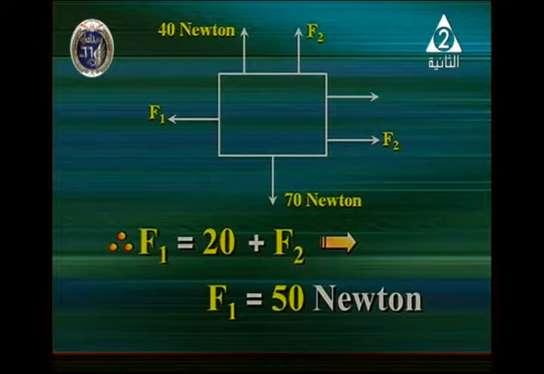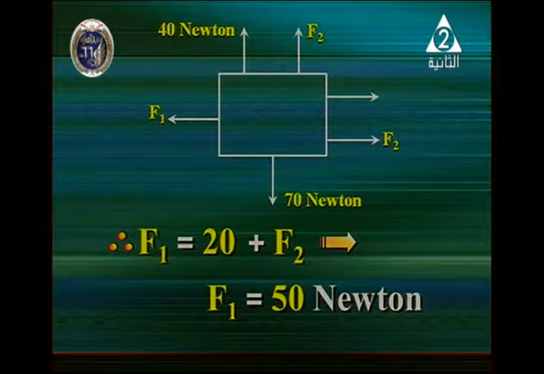In equilibrium, in this case, F2 equals 30. F1 equals F2 plus 20 Newton. By substitution of F2 equals 30, then F1 equals 50.